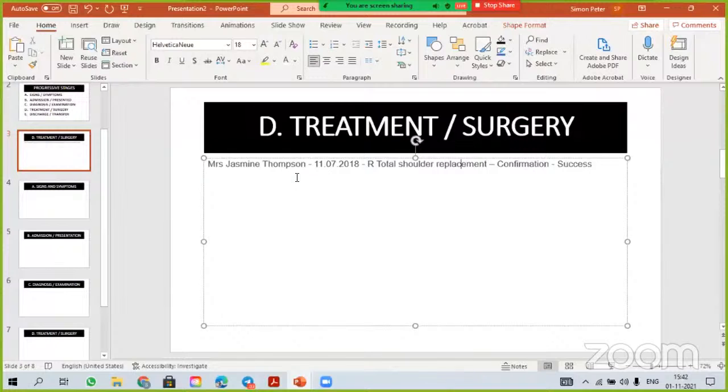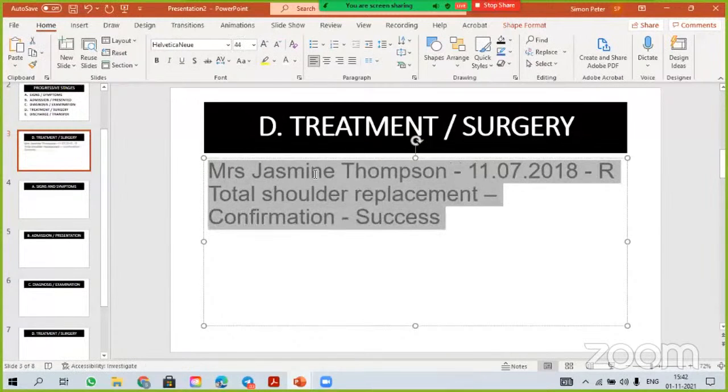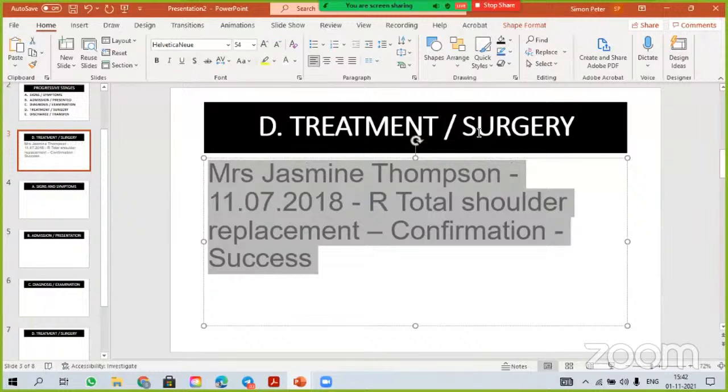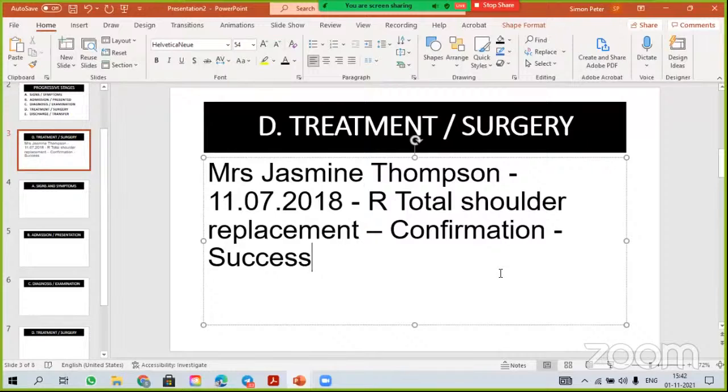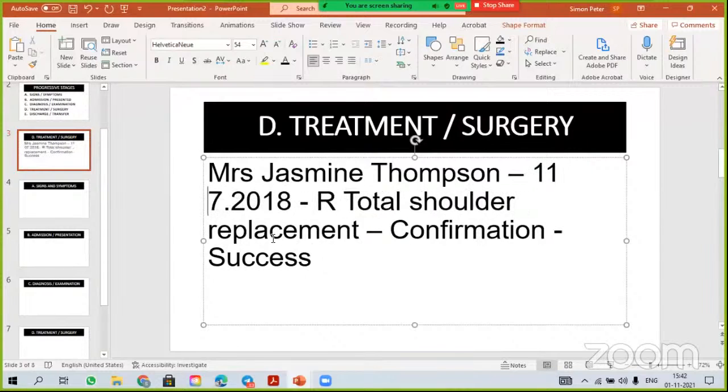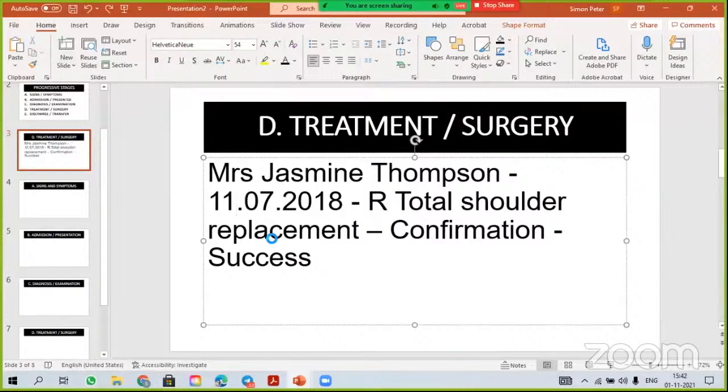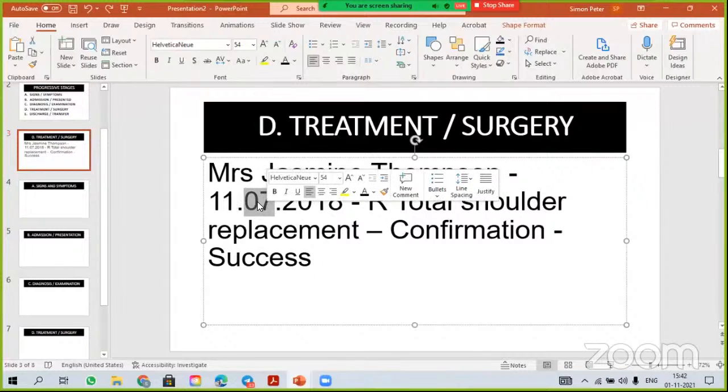So now I am increasing the font here so that you can see. Mrs. Jasmine Thompson, 11/7. Whenever a date is there like this, there will be confusion. Is this 11th of July or 7th of November?